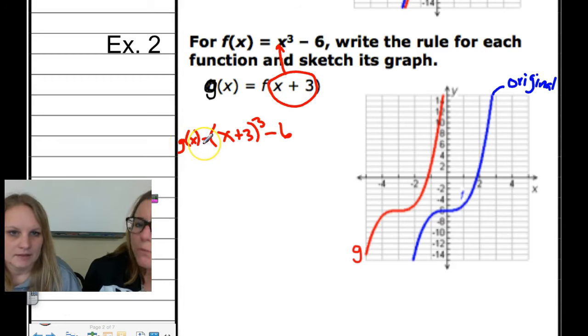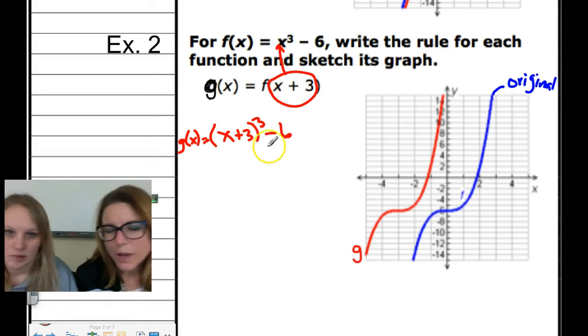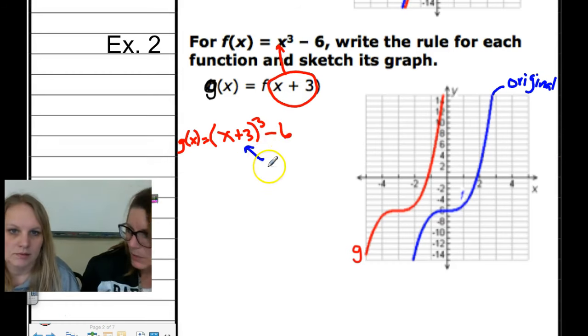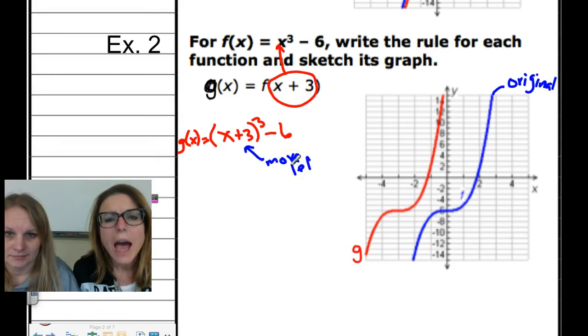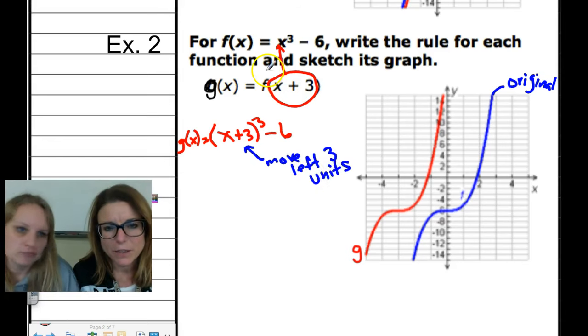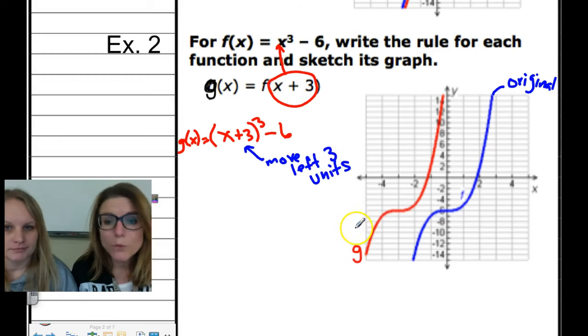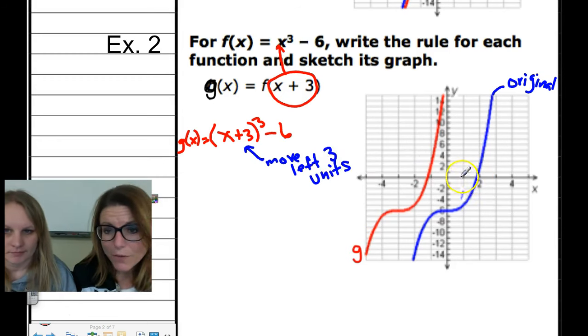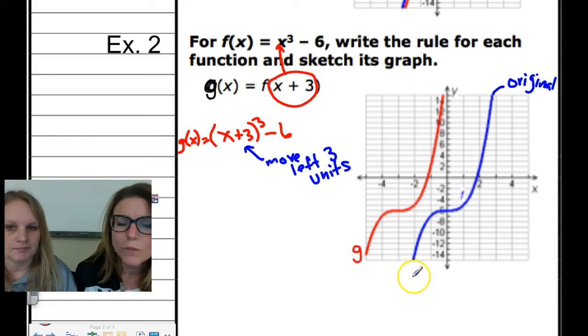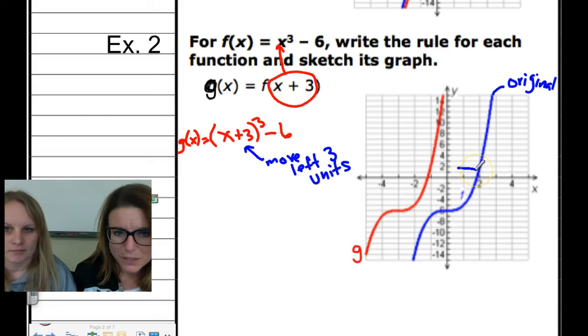And I don't make students expand out the x plus 3 and FOIL and multiply, because we've already assessed you on that. We want to know, do you know how to create a new function? And that's what you just did. You know how to plug it in. So we move 3 units to the left, and if you look at the graph, that's exactly what's happening.